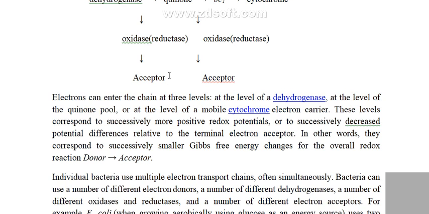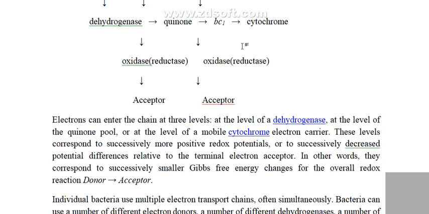These electrons enter the chain at 3 levels. What are the 3 levels? One is the dehydrogenase level. Another is the level of the quinone pool, and another is the level of the mobile cytochrome carrier. These levels usually correspond to successively more positive redox potential, or successively decreased potential.